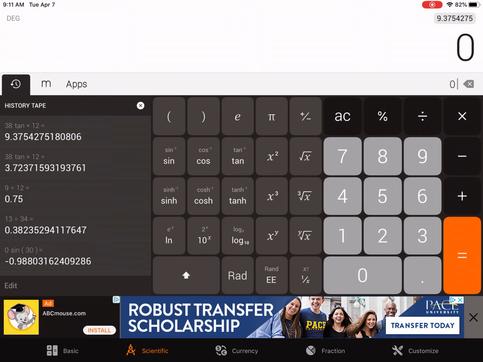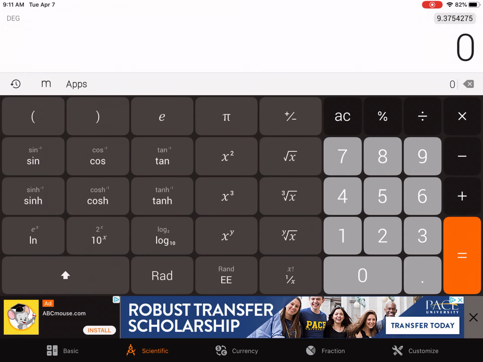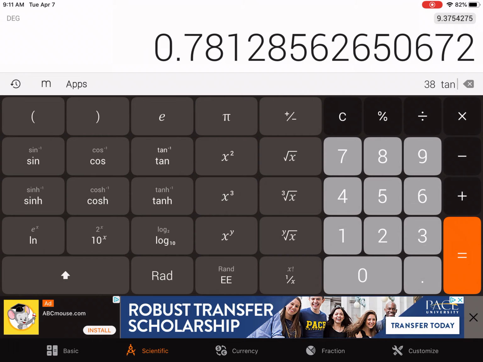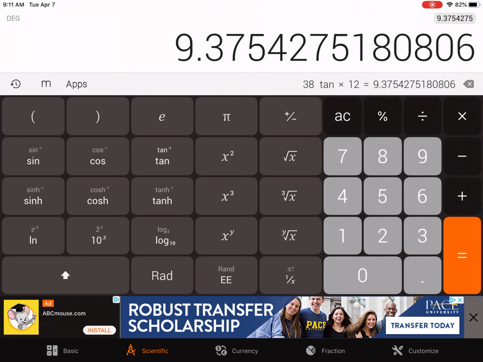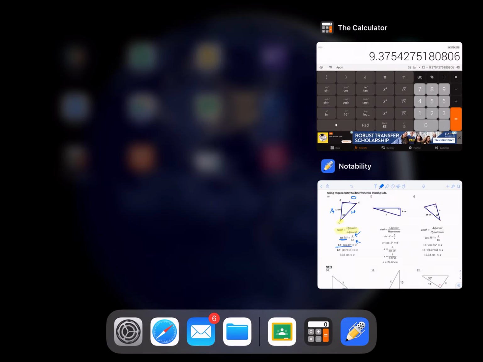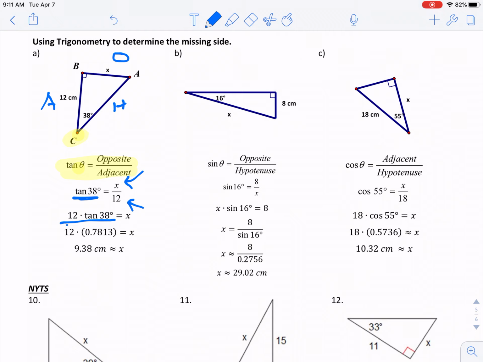I must have typed something wrong the first time. 38 tangent times 12. All right, yep. Guys, I'm sorry. I must have typed something in wrong the first time or hit the wrong button. All right, but that's the number that we get.